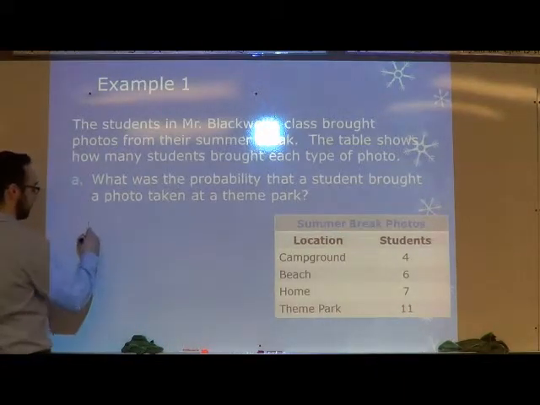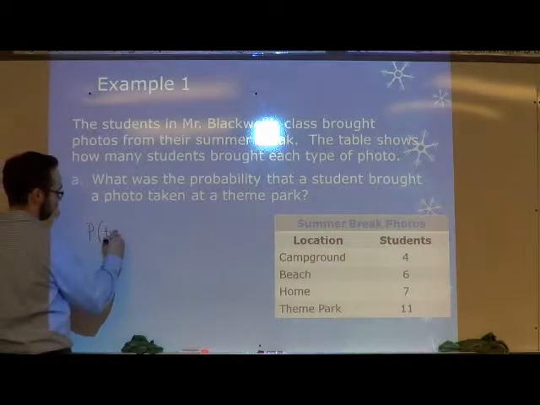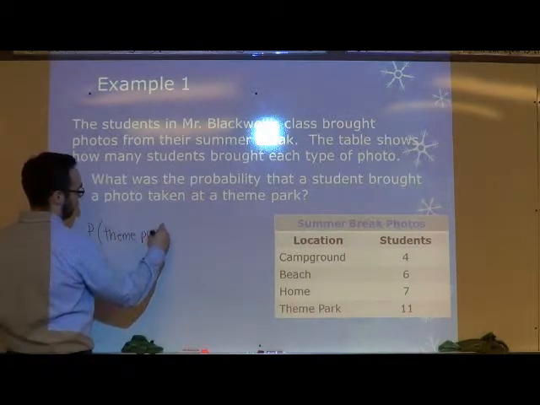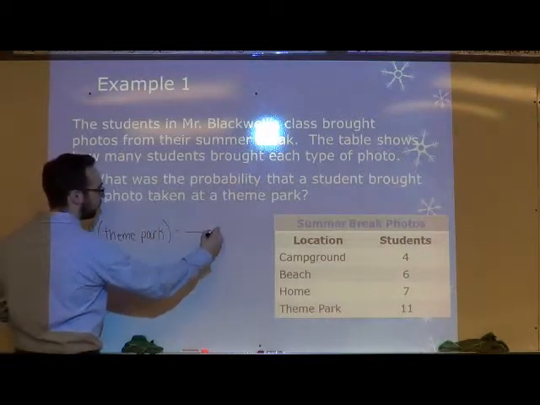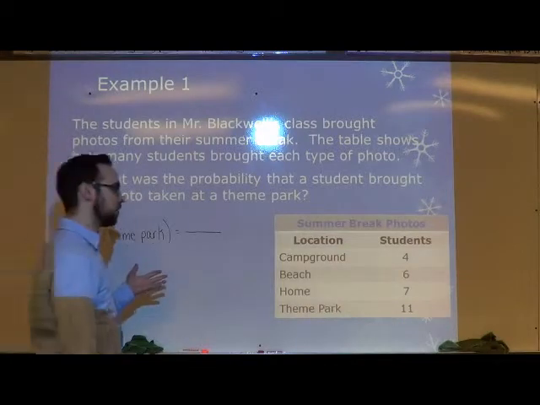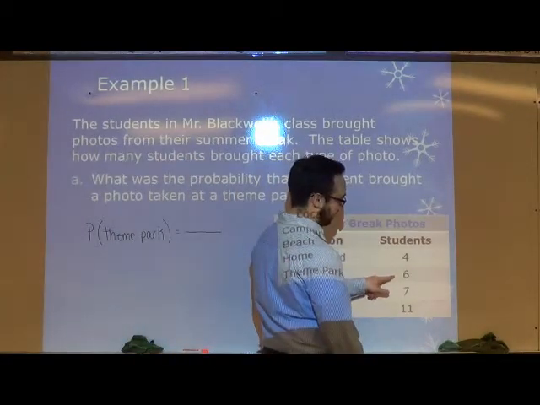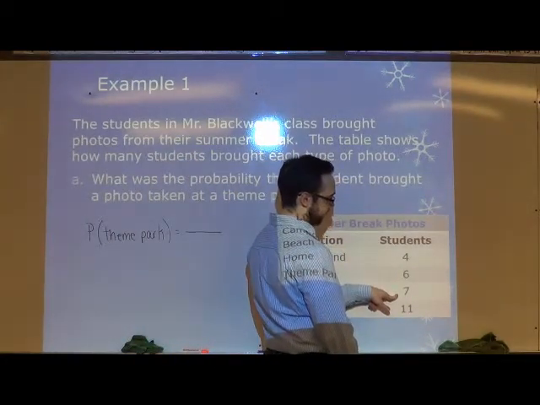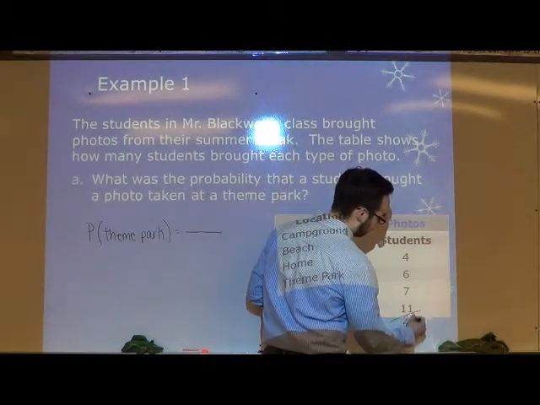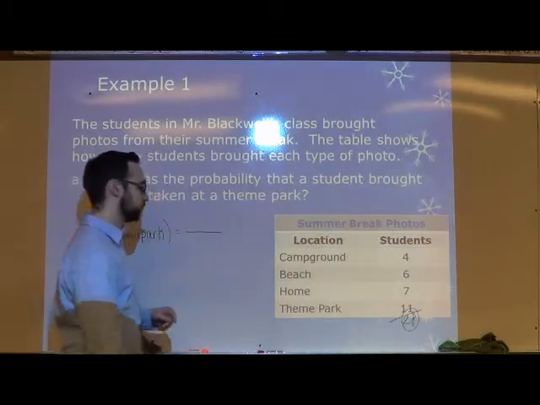To find the probability, remember, that's just how many things occur over the total. So the probability of a theme park photo equals how many total photos do we have? We have to add these all up. 4 plus 6 is 10, plus 7 is 17, plus 11 totals 28 photos.